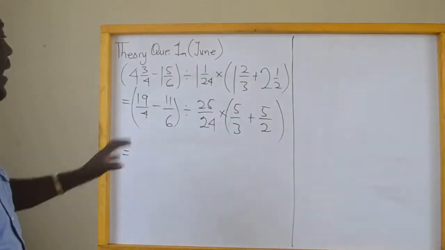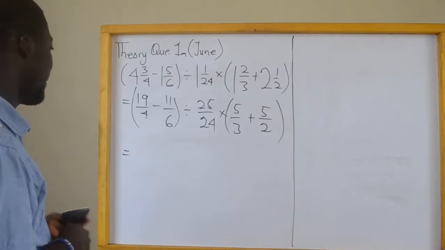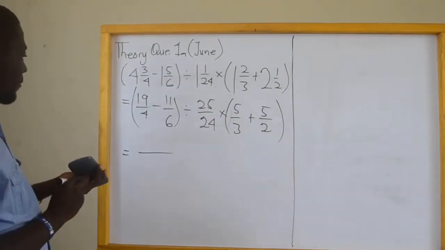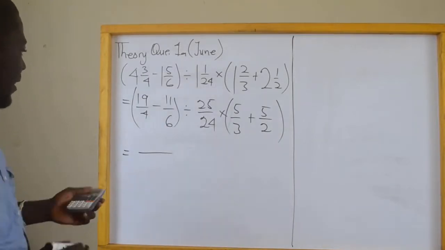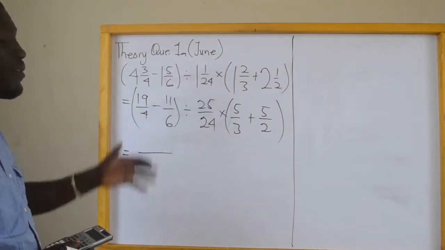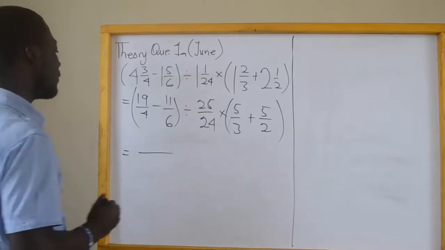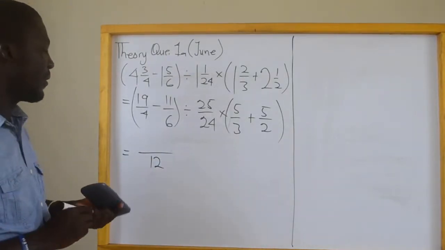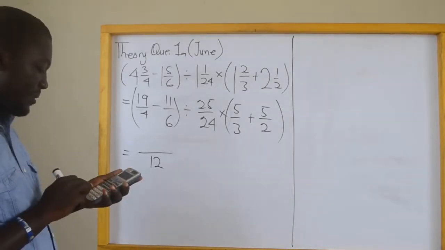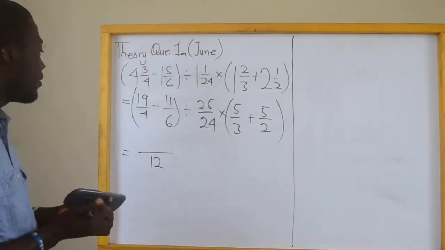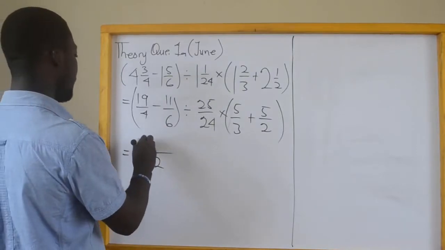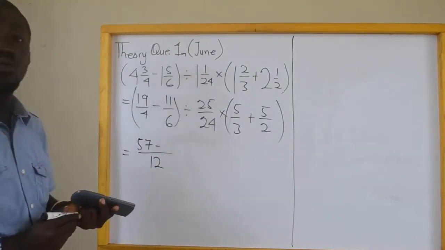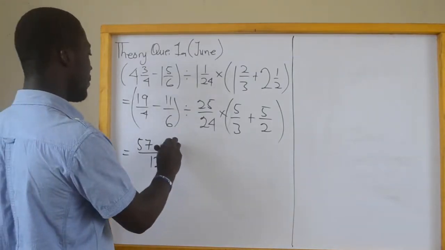Our next step, we tackle the contents of the bracket. When you look at 4 and 6, the least common denominator between 4 and 6 is 12. 4 goes into 12, 3 times. 3 times 19, we are going to get 57. Minus 6 into 12 is 2. 2 times 11 is 22.